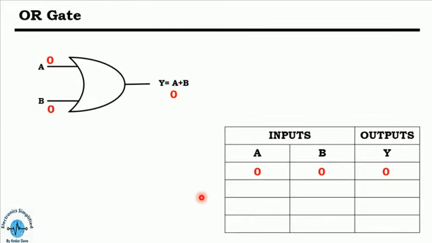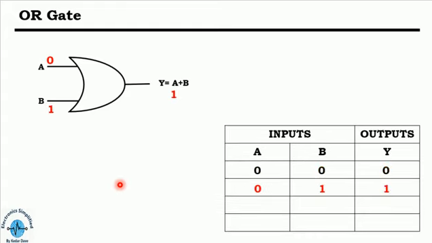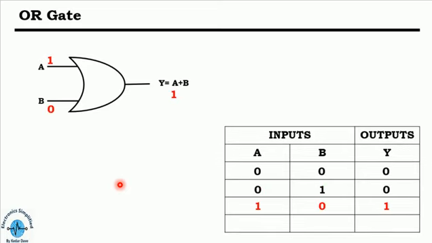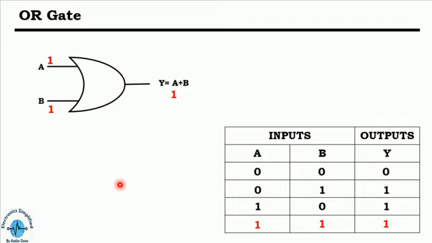For the OR gate, first we have provided the 0 0 input and the output will be 0. Now we are changing the input to 0 1 and it will provide 1. Once again 1 0 will give 1, and when both the inputs are 1, it will be represented as 1 at the output terminal.